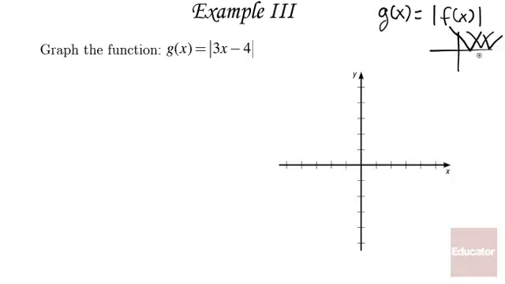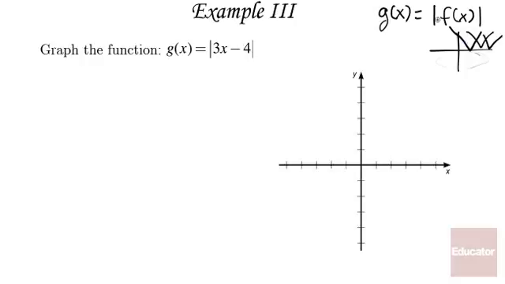Notice that there are no parts of this graph in the lower two quadrants. And the reason is g of x is always going to be positive. Since g of x is the absolute value of f of x, it's always going to be positive.